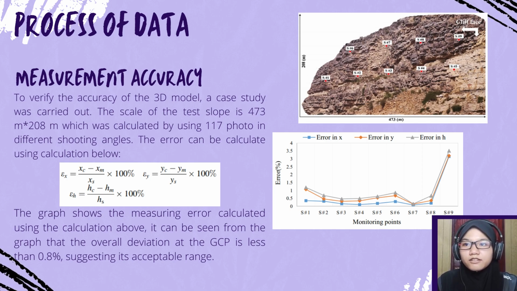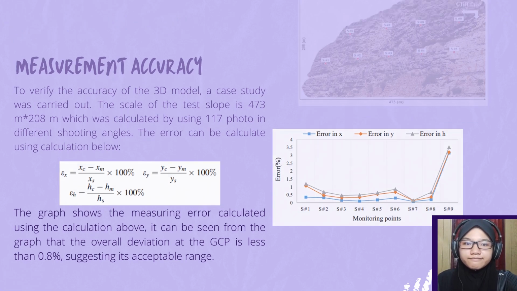The error can be calculated using the calculation below. Next, the graph shows the measuring error calculated using the calculation above. It can be seen from the graph that the overall deviation at the GCP is less than 0.8%, suggesting it is in an acceptable range.